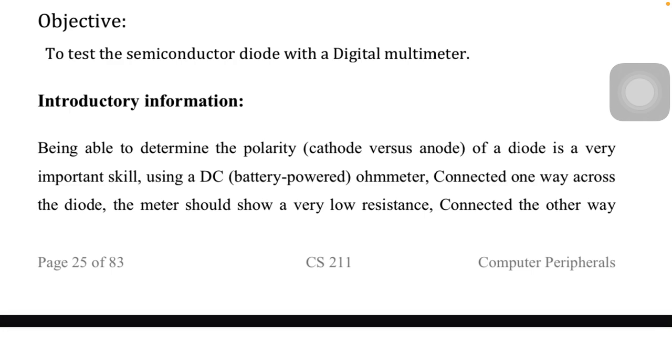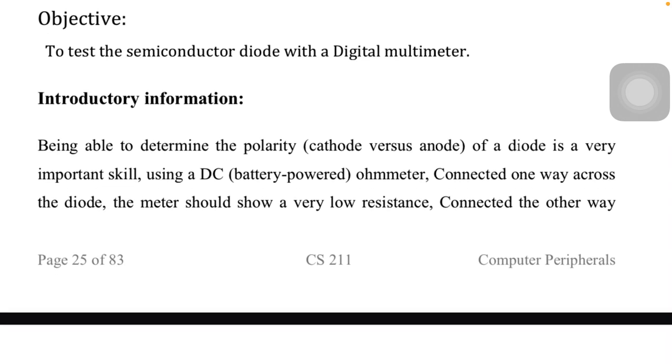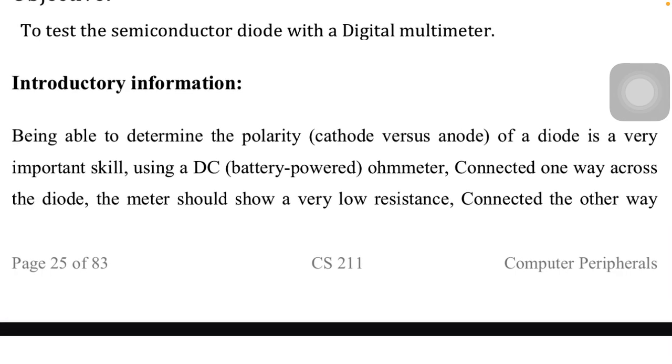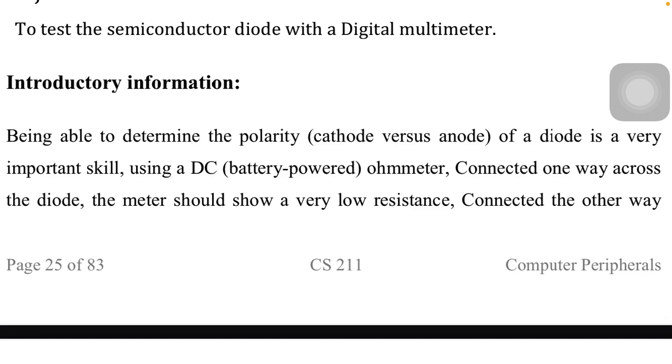Introductory information: being able to determine the polarity, cathode versus anode, of a diode is a very important skill. Now we are learning how to test for this semiconductor called a diode. Semiconductors are special materials in engineering and physics, and they are the things that have made technology evolve.